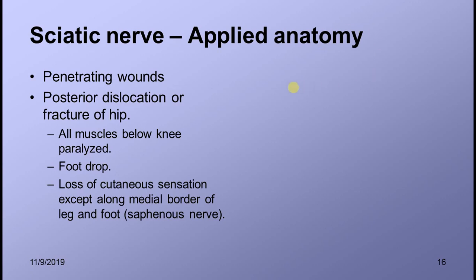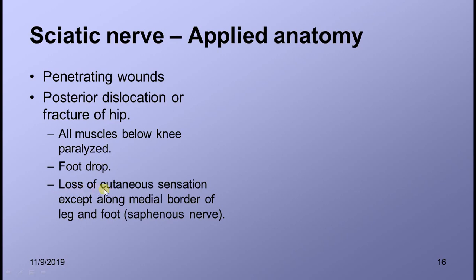So when there is a posterior dislocation of the hip, if the sciatic nerve is compressed or completely injured, all muscles below the knee are paralyzed because of the tibial and common peroneal components. Foot drop takes place; like the wrist drop, it is called foot drop because the peroneal nerve is paralyzed.